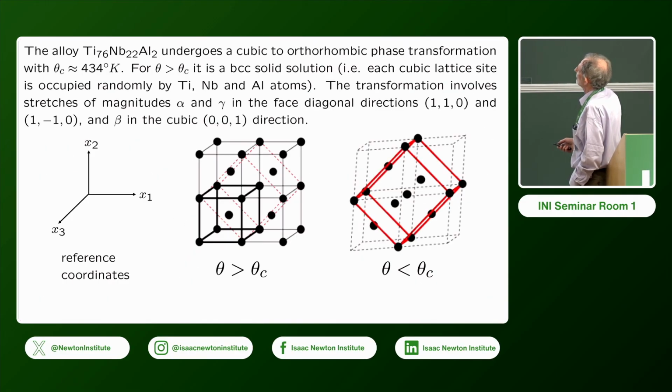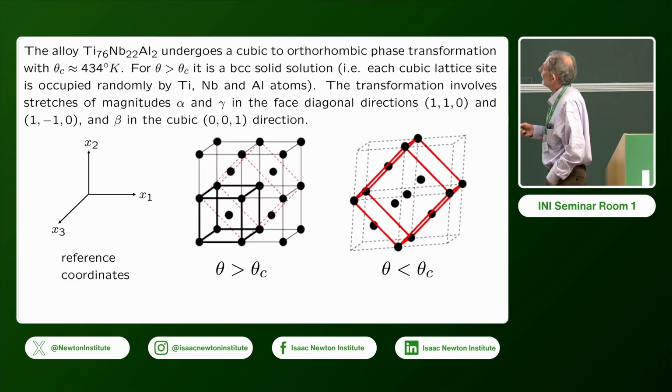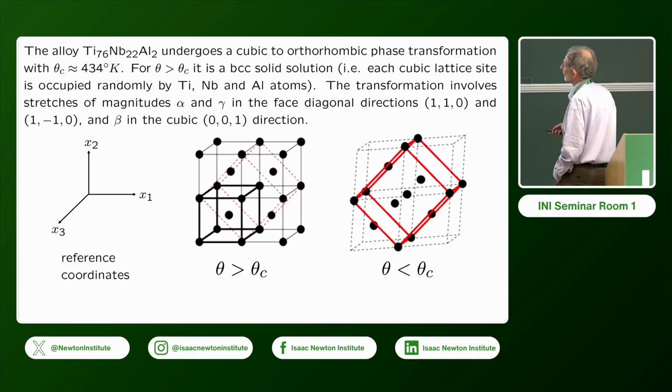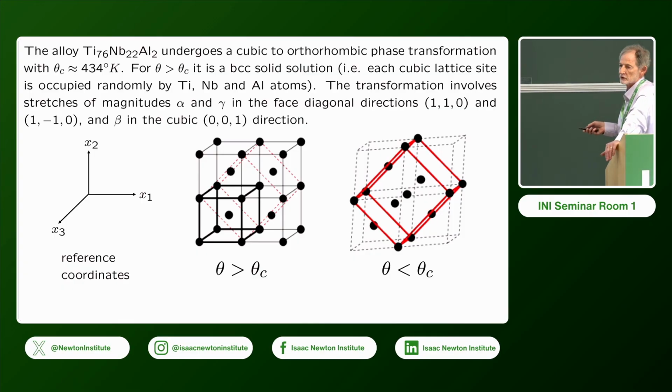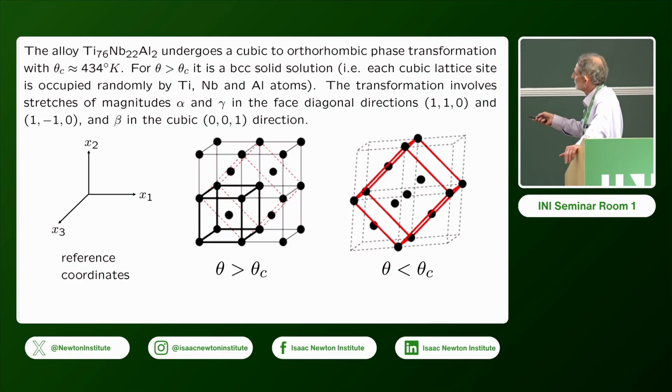Now we're going to assume that. This particular alloy undergoes a cubic to orthorhombic phase transformation, and theta critical is about 434 degrees Kelvin. For theta bigger than theta critical, it's a BCC, body-centered cubic, solid solution. Here's a cube of the lattice, with an atom at each corner and one in the middle.